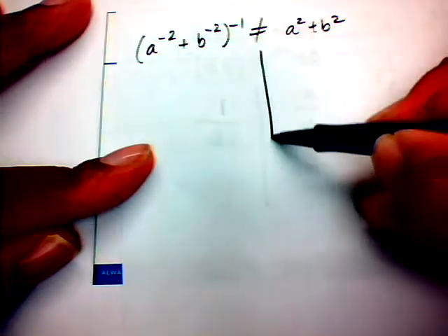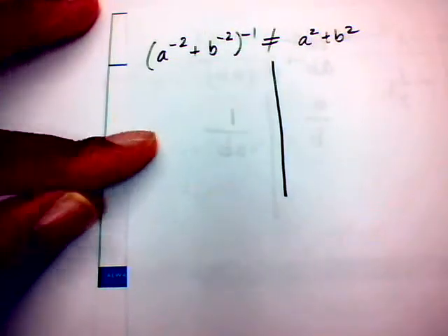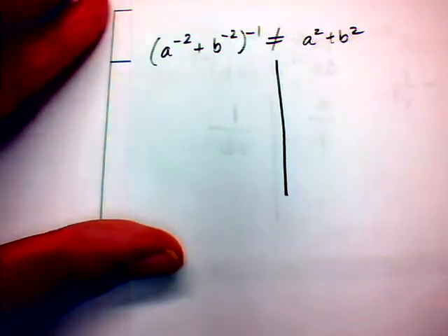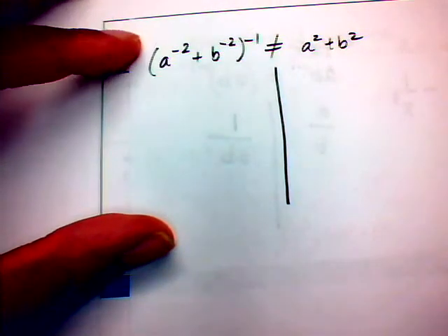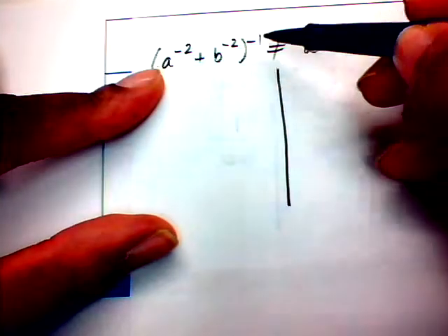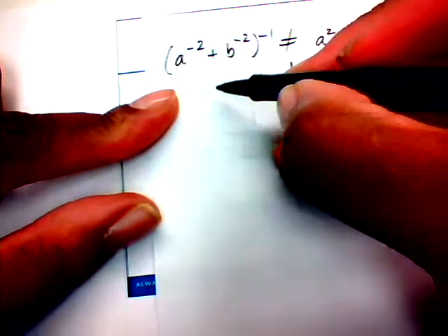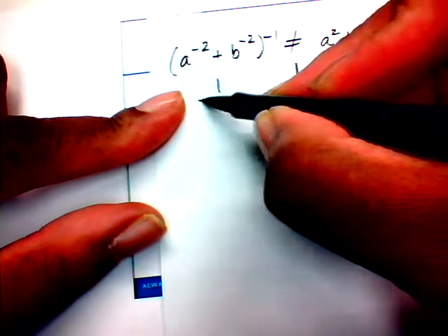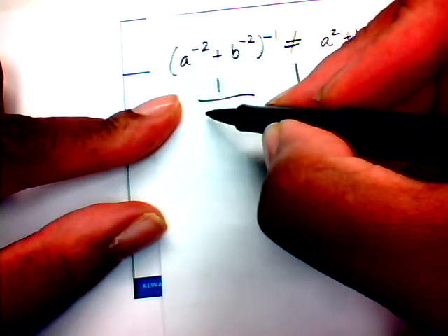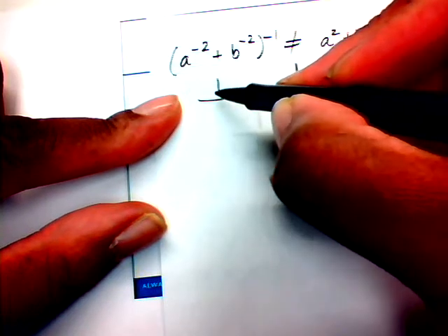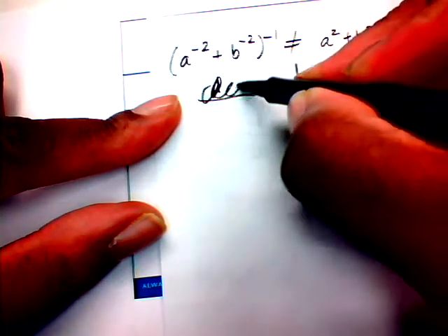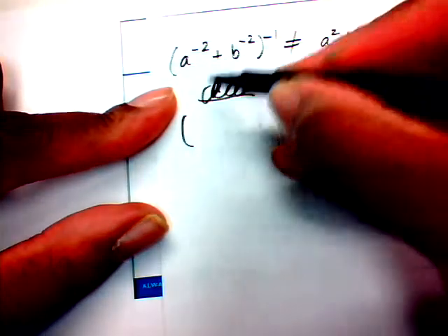Let's complete the left-hand side of this particular statement. All of this is to the negative 1, so I can just do all of this inside the parentheses.